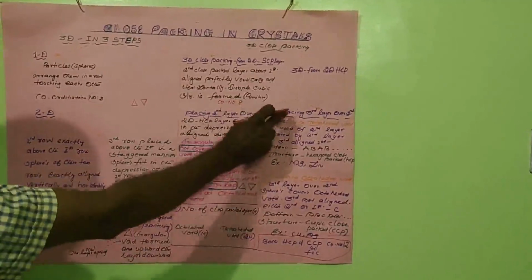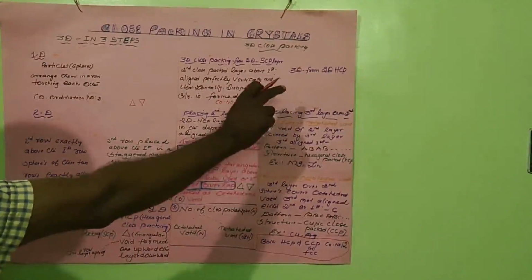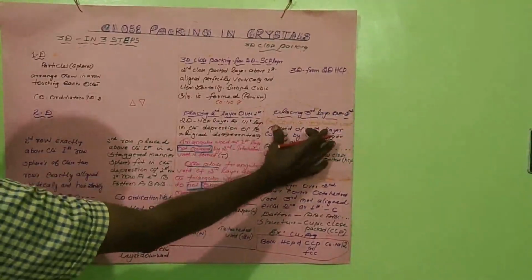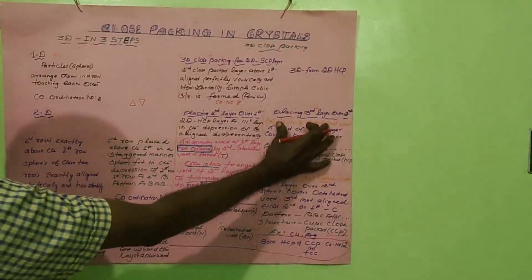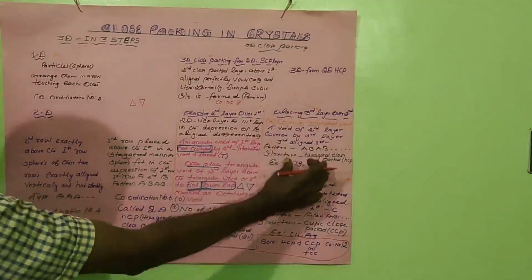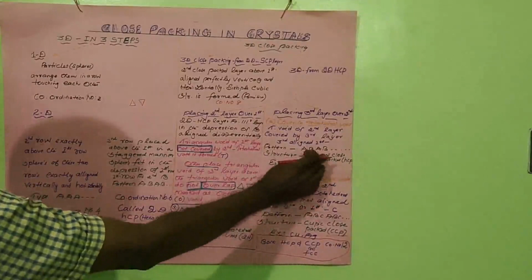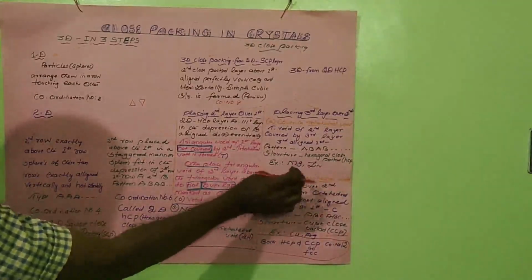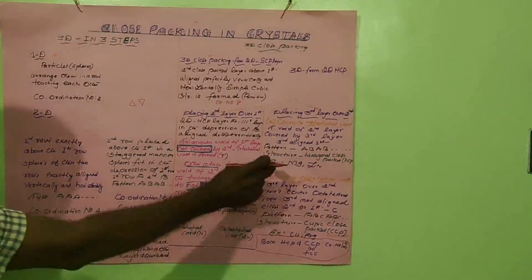Then 3D from 2D HCP, placing third layer over second, covering tetrahedral void. That is very, very important. AB pattern is formed. That is hexagonal close packed, HCP. Example, magnesium, zinc. Coordination number 12.